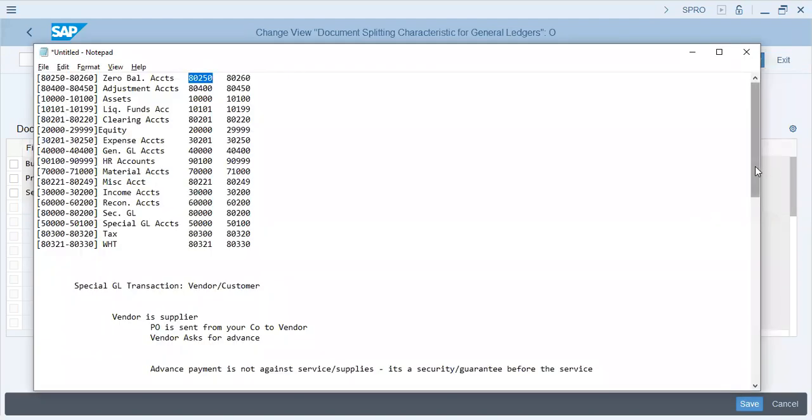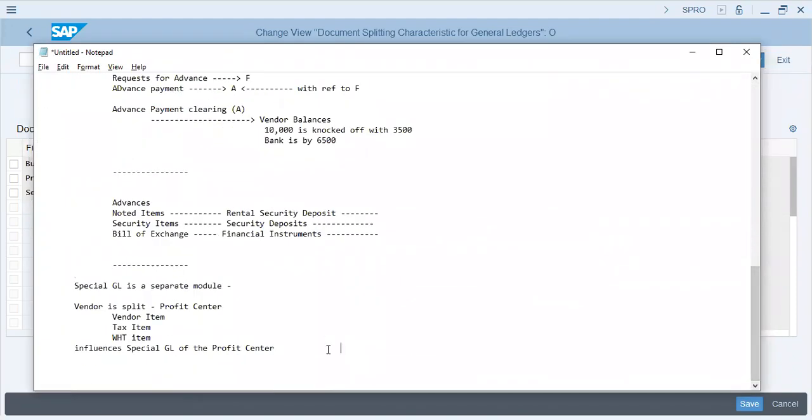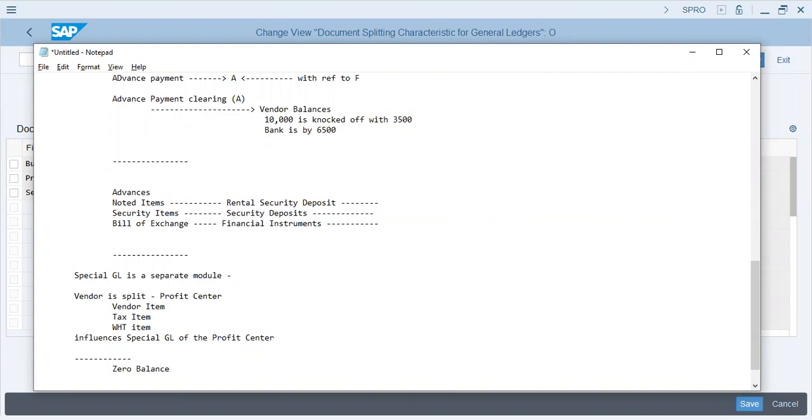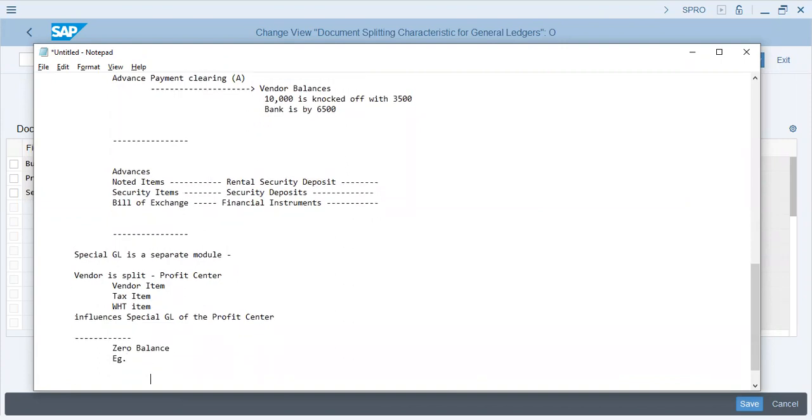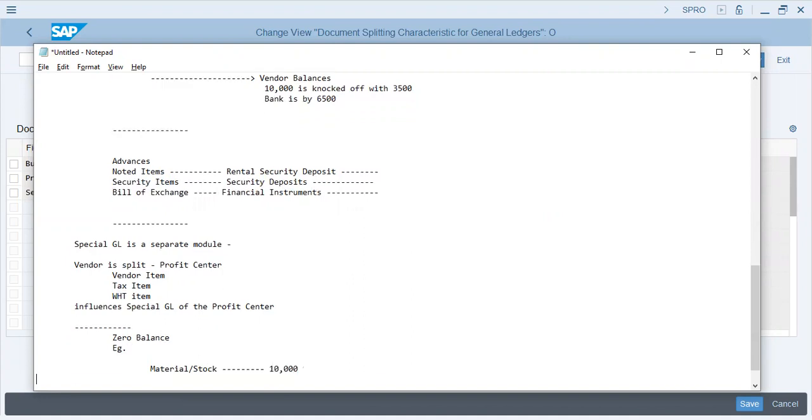अच्छा, zero balance. What are zero balance accounts? Zero balance. Let me give you an example. Material stock purchased 10,000 from vendor.